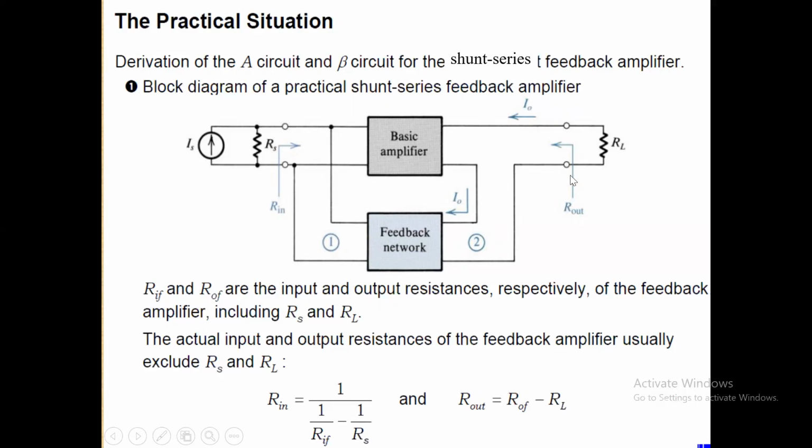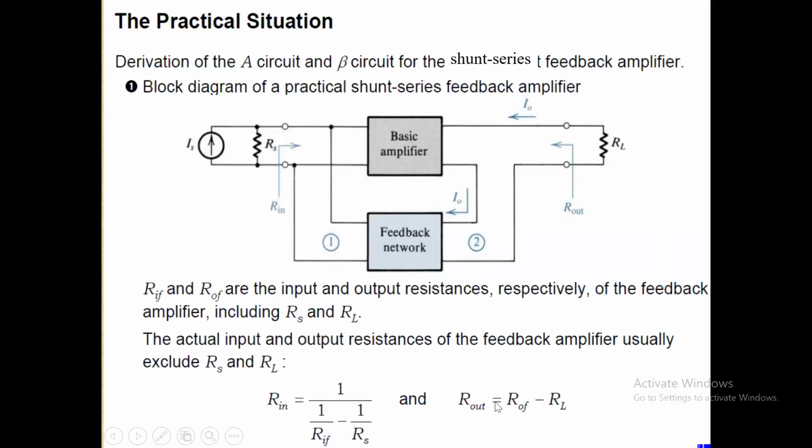ROF is considered to be somewhere here. That is the value which we will consider here. Really speaking, we consider that this value is nothing but the R out, and hence, because they're coming in series, R out plus RL will be considered as the value which is ROF. R out is considered somewhere here in series with RL.